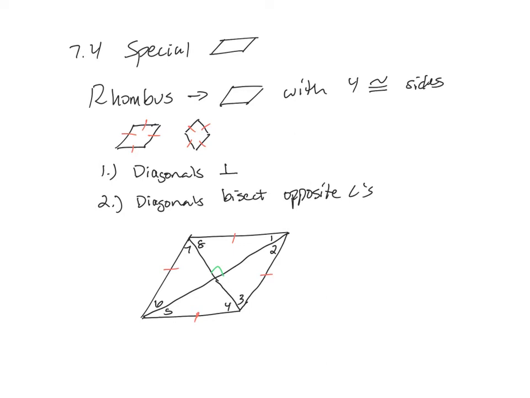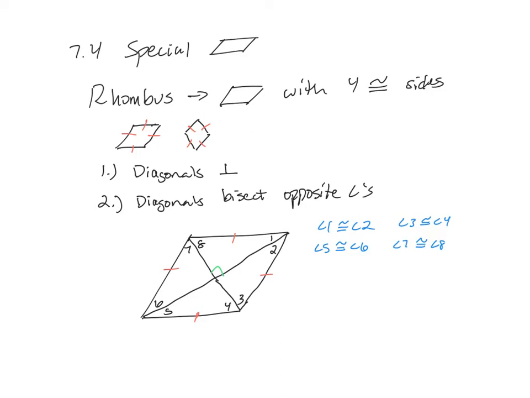So what ends up happening is that angle 1 is congruent to angle 2. Angle 3 is congruent to angle 4. Angle 5 is congruent to angle 6. And angle 7 is congruent to angle 8.